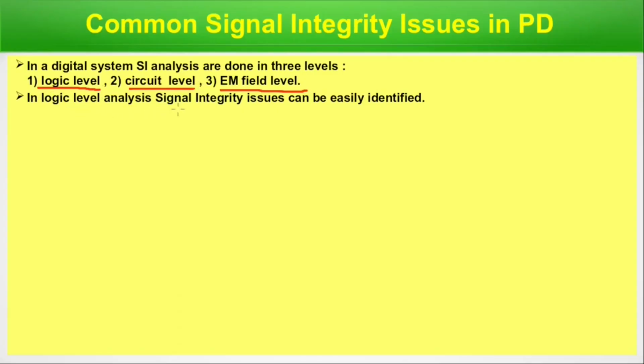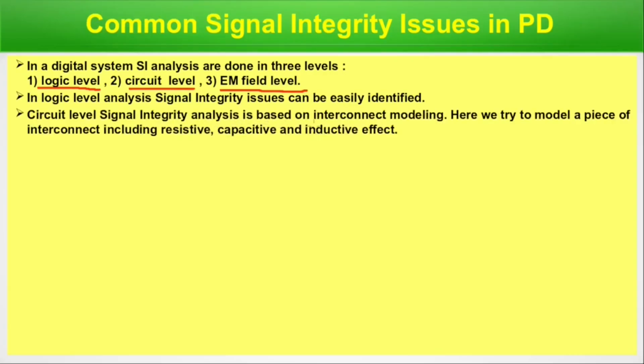In logic level analysis, signal integrity issues can be easily identified. Circuit level signal integrity analysis is based on interconnect modeling. We discussed interconnect modeling in one of our previous episodes, where we calculated delay due to interconnects. Here we try to model a piece of interconnect including resistive, capacitive and inductive effects.